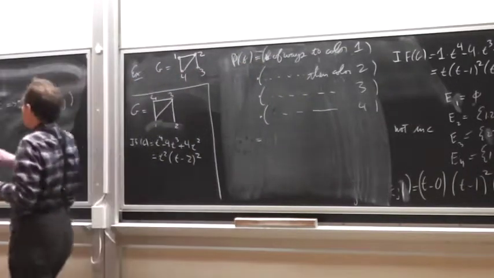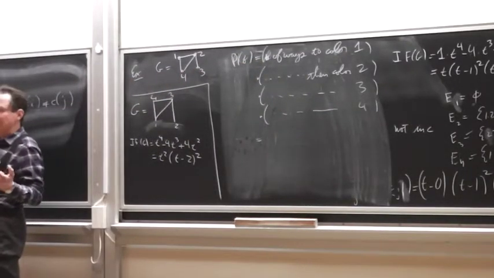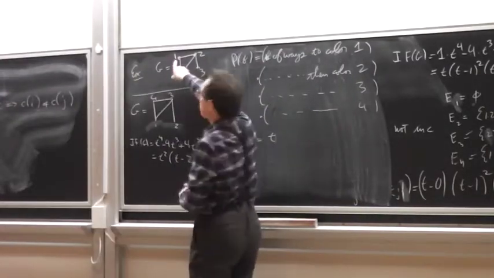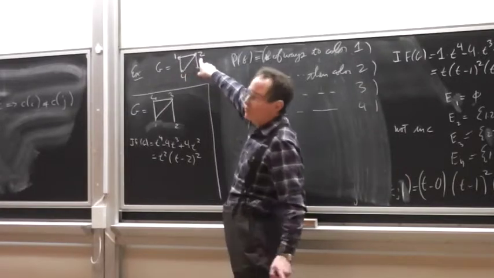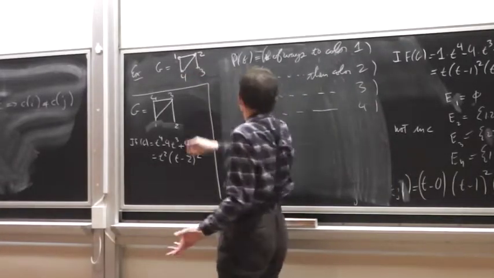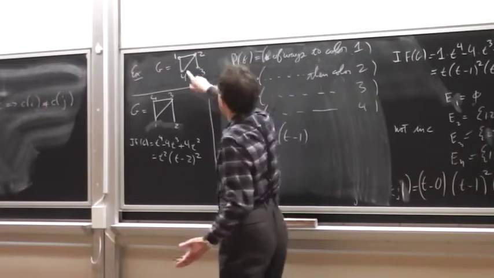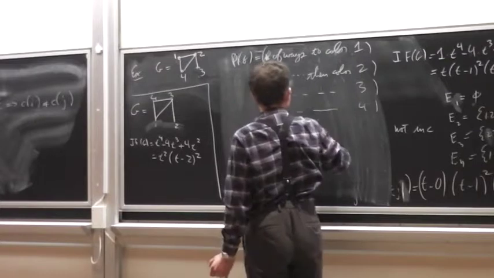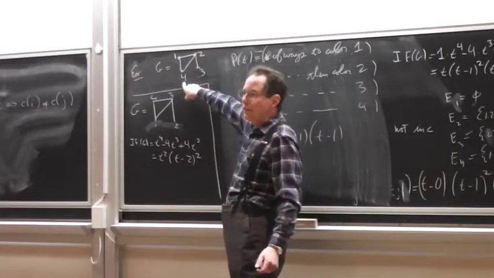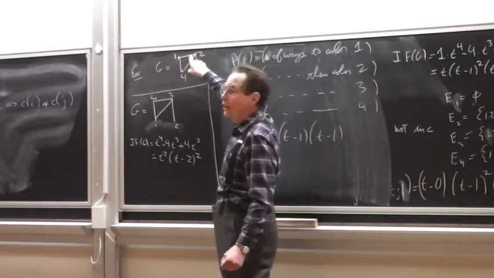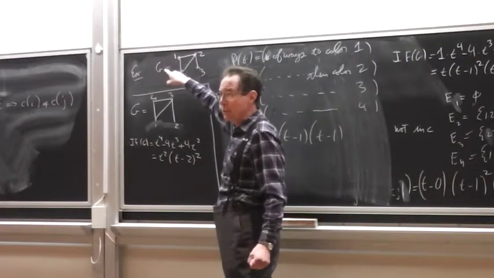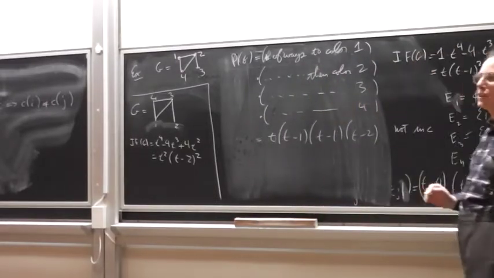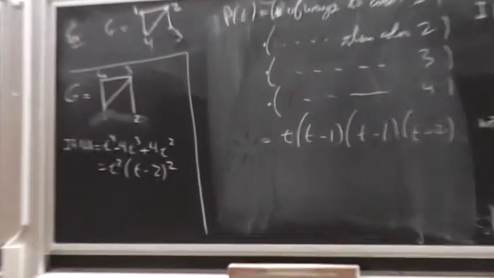I've got T possibilities for the first vertex. So now I've colored it some color. How many colors are left for vertex 2? T minus 1, right? Because any color except the color I put on. Similarly for 3, I have T minus 1. And for 4, I have T minus 2, right? Because these two guys are colored differently because they've got an edge between them, and therefore I've got only T minus 2. And I'm going to ask the usual question, which is, have we seen this before?